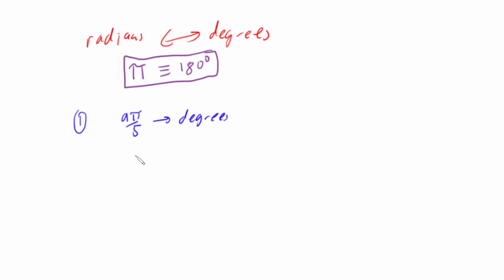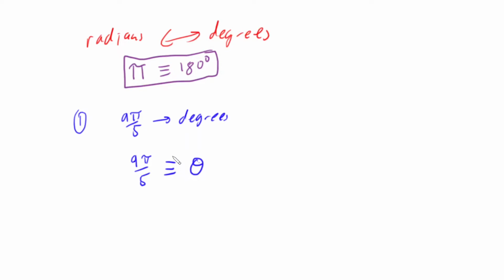I'll write that as theta degrees. We can use our equivalence because I know that 1 pi is equivalent to 180. So 9/5 of a pi represents some fraction of pi, which means this should represent the same fraction of 180.